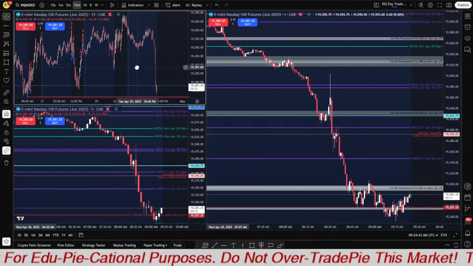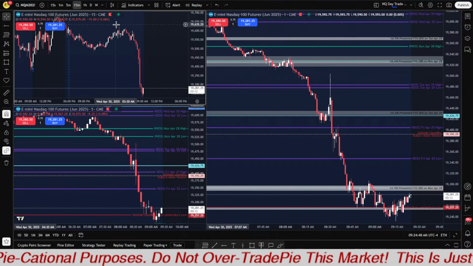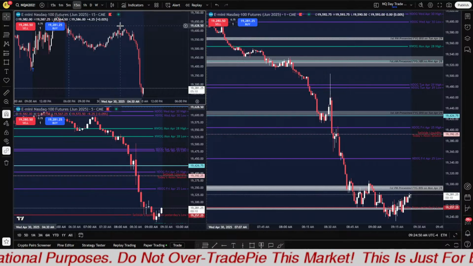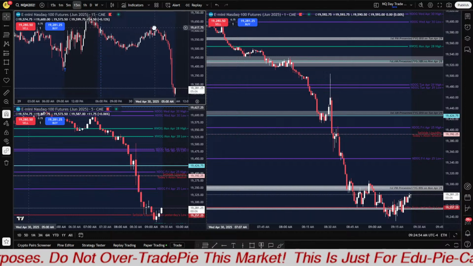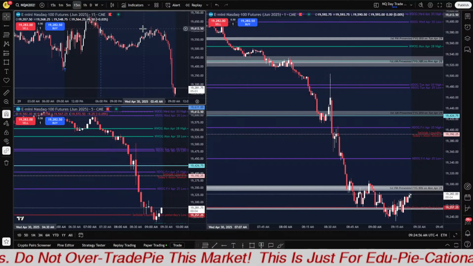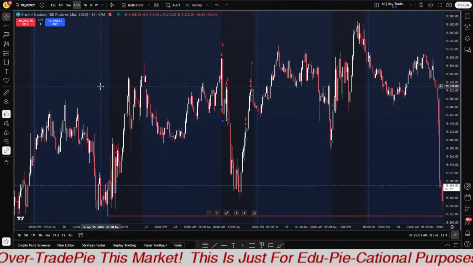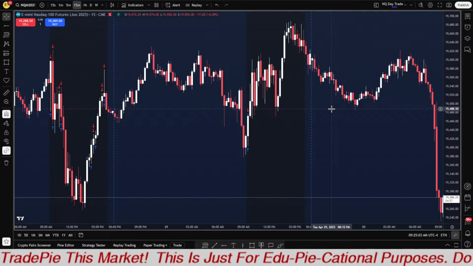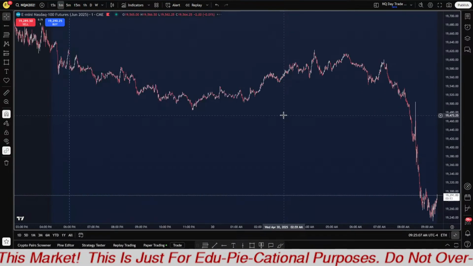On the upside, we do have relative equal highs over here, but so far we are very far from the buy side liquidity over here, and we have to consider that we are opening in a discount this morning.